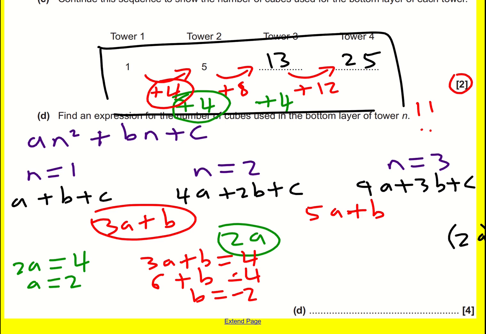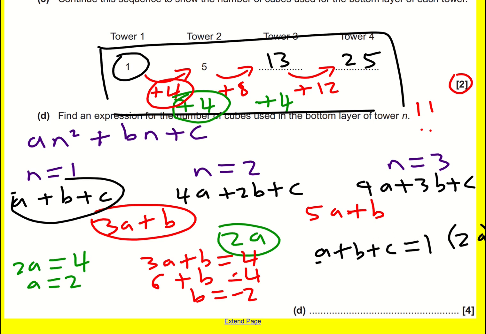And I'm nearly there. For the last one, I can just pick a term. Let's pick the first one, 1, and a plus b plus c. A plus b plus c must equal 1. But I know what a is, it's 2. I know what b is, it's minus 2. So actually these are going to cancel, and I'm left with c equals 1.